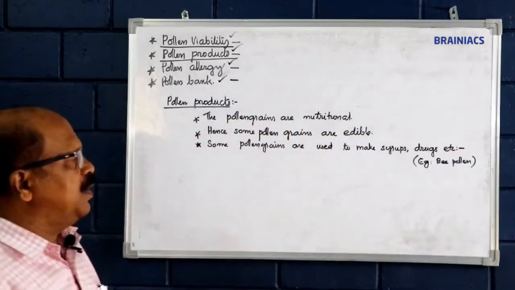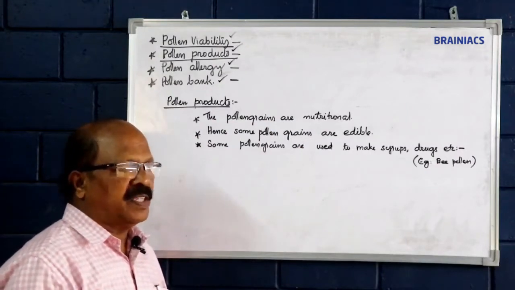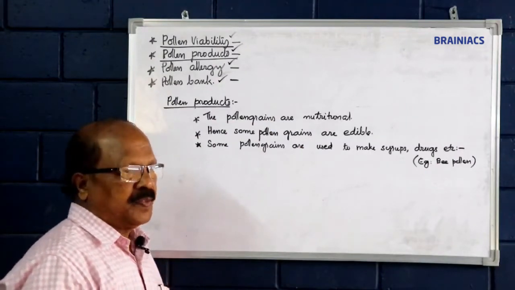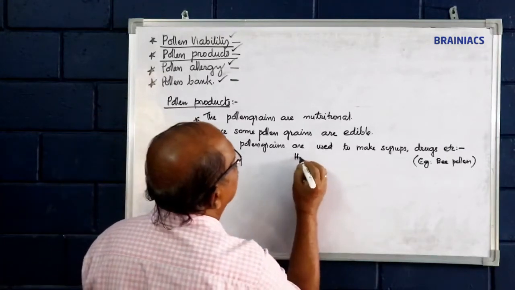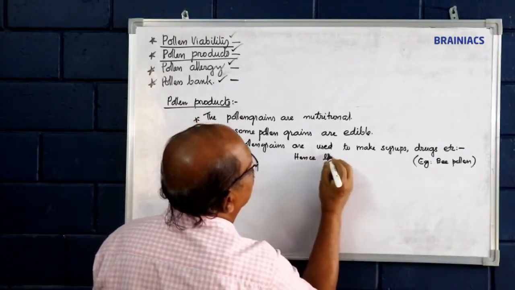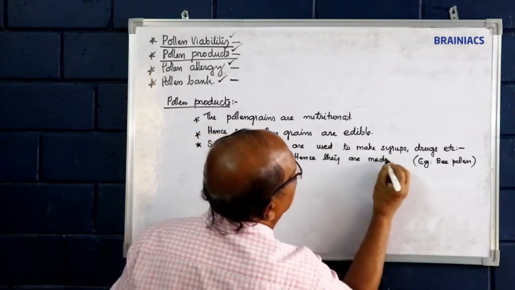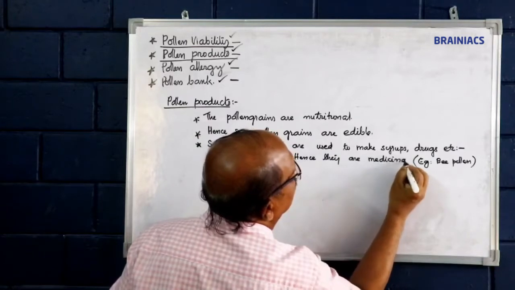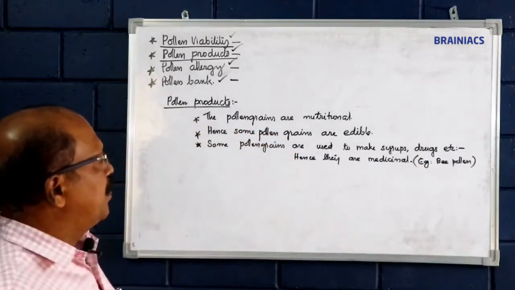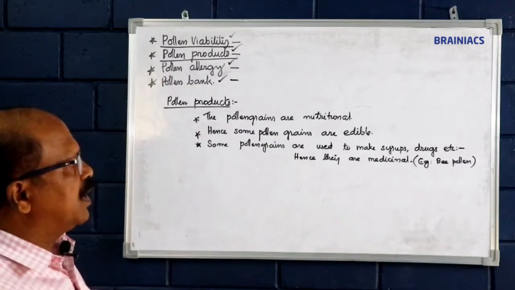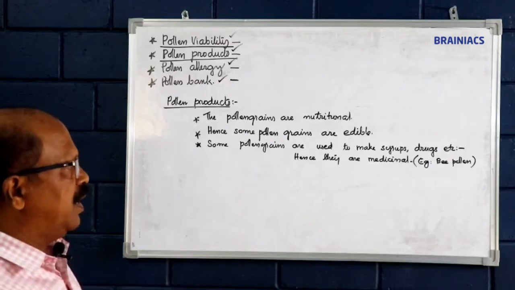Some pollen grains are used to make syrups and drugs, hence they are medicinal. Example, bee pollen.